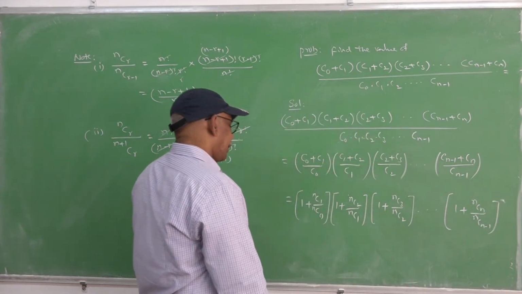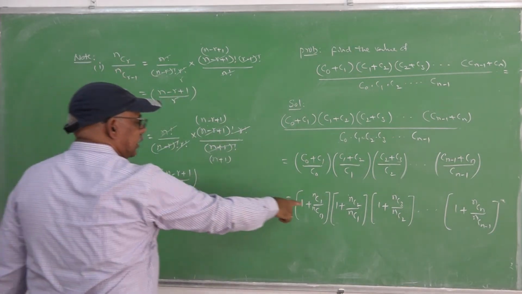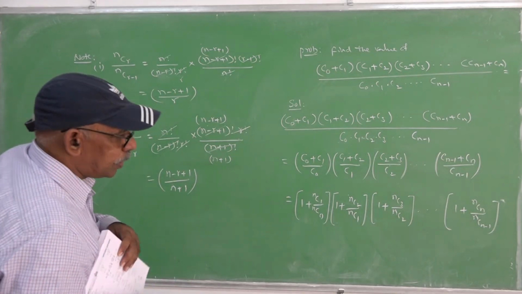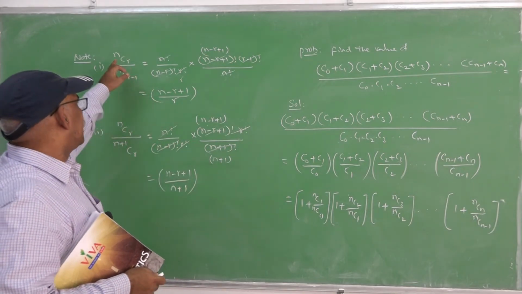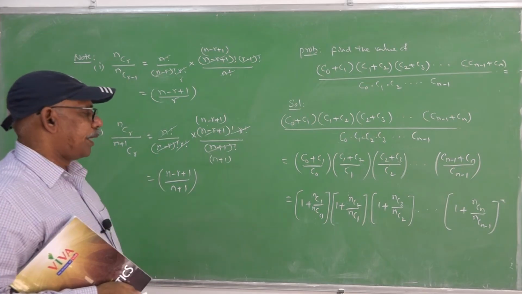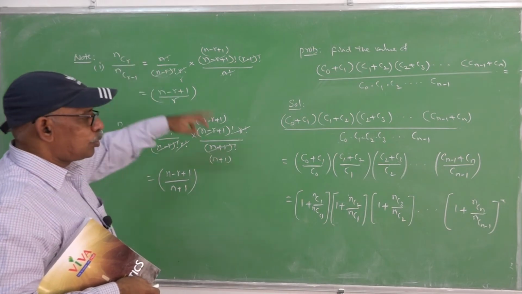Okay. Now you can apply this result. Each and every term is in the form of 1 + nCr/nCr-1 itself, taking r from 1 to n.